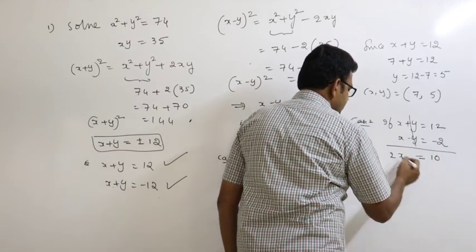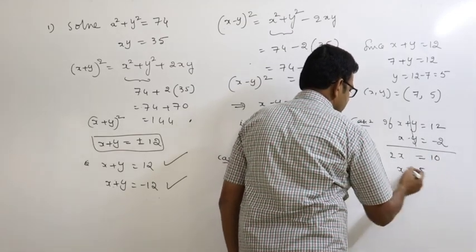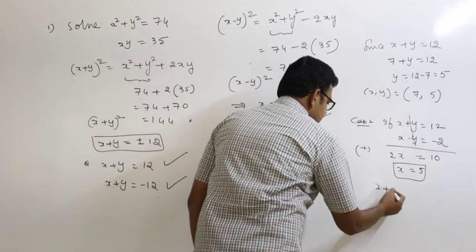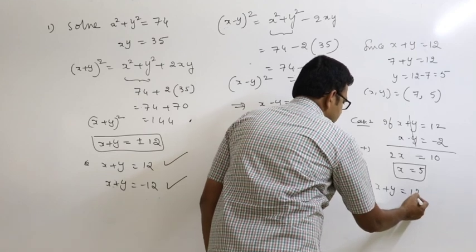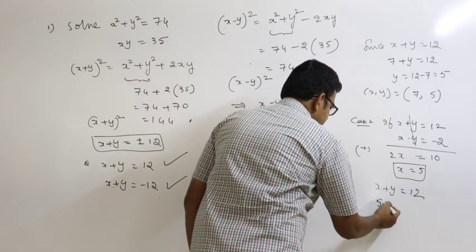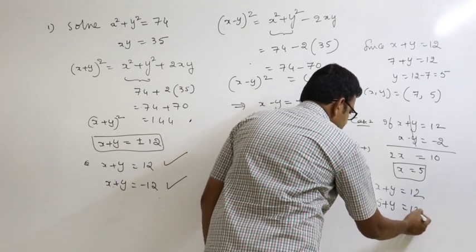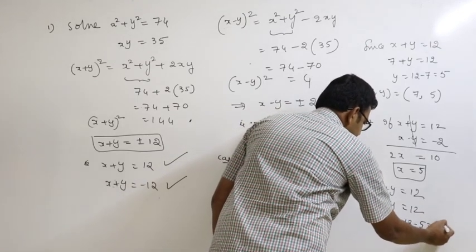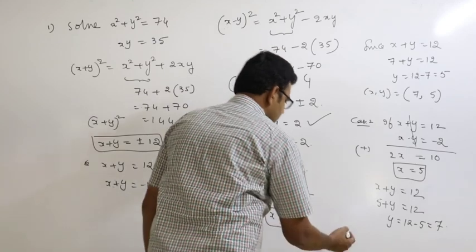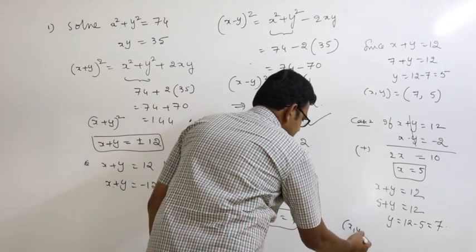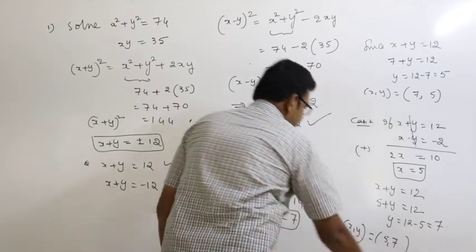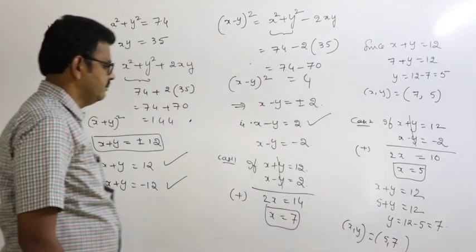X is equal to 10 by 2, that is 5. And since x plus y is equal to 12, x value 5, 5 plus y is equal to 12. Y is equal to 12 minus 5, that is 7. So in this case, x comma y is 5 comma 7.